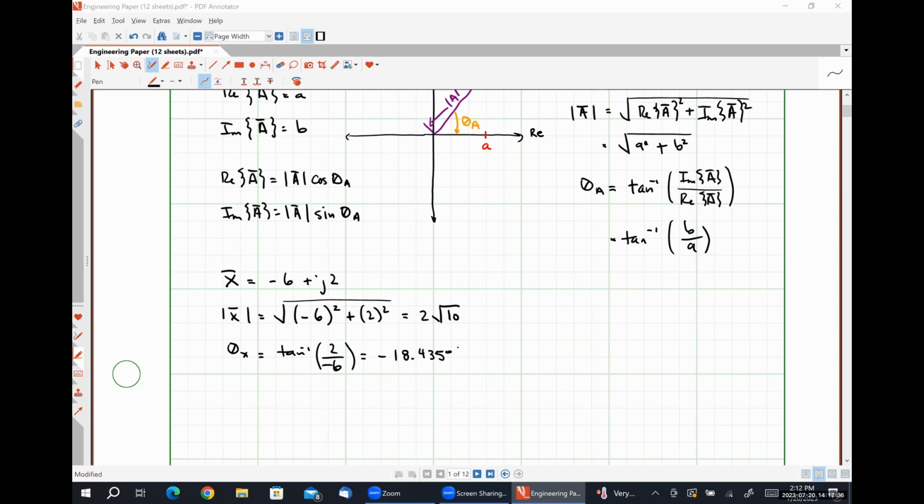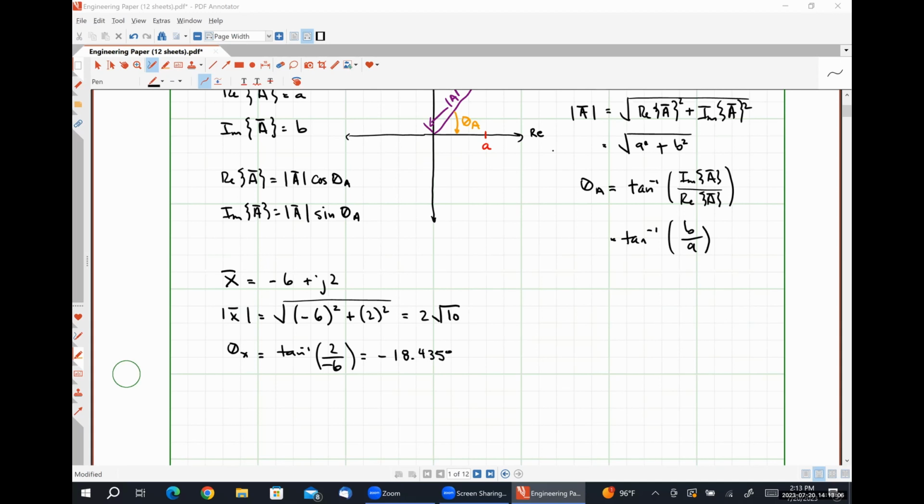See what's going on in chat. Driving but listening. Okay. So anybody else see a problem with the results here, particularly the angle? It's negative. Why is that a problem? Wouldn't we have to shift it?